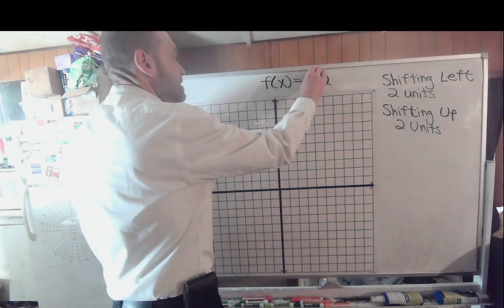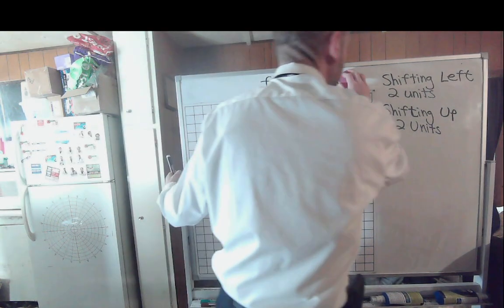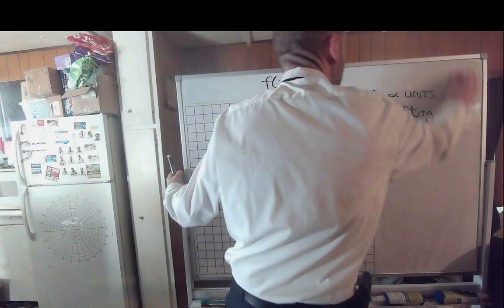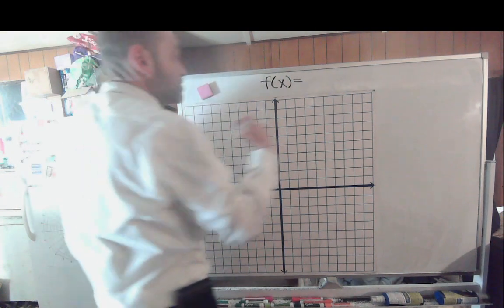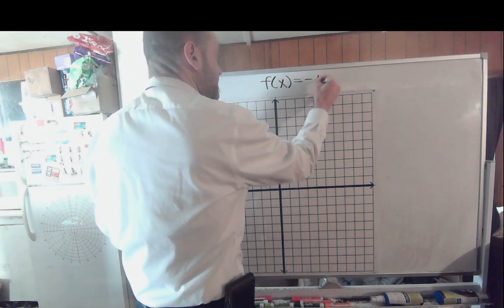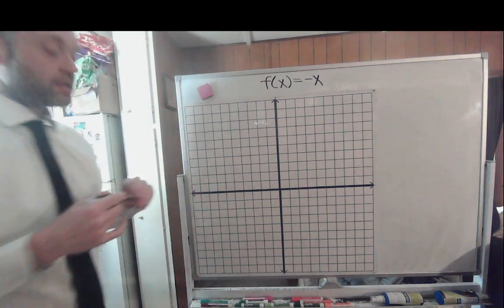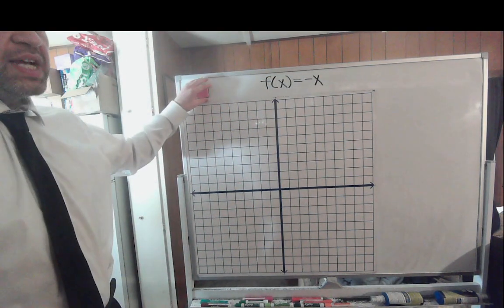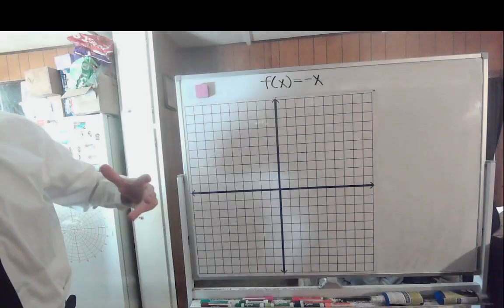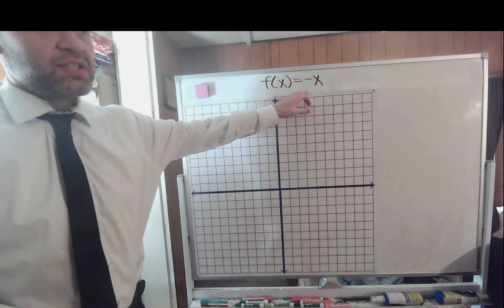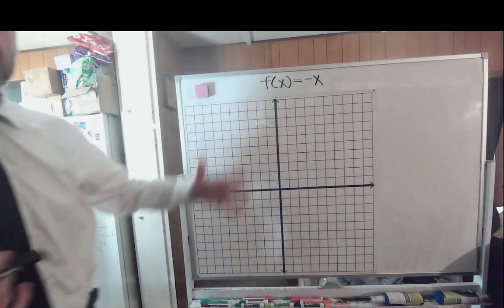All right, now so what about f of x equals negative x? So f of x equals negative x, well, I have a negative on my f of x of the original function, right? Negative x is just the negative of f of x equals x.